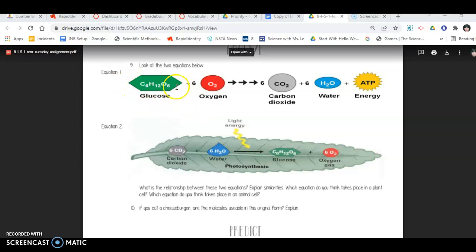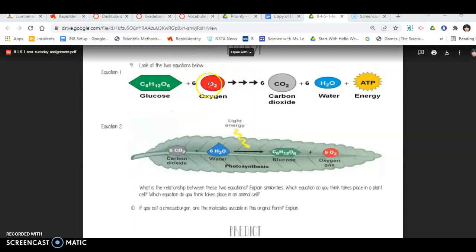Think candy. This is glucose. This is the formula for glucose plus oxygen. And remember I said what you start with in the beginning on the reactant side will tell you a lot about what this is.